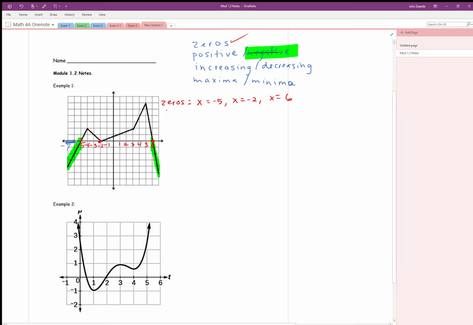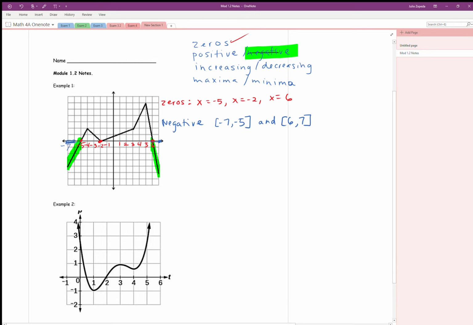Okay, so I'm going to write here negative. I'm going to say from -7 all the way to -5. Okay, and then the other portion where it's negative is over here on this side from 6, it looks like, to 7. So we're going to say it's also negative from 6 to 7.